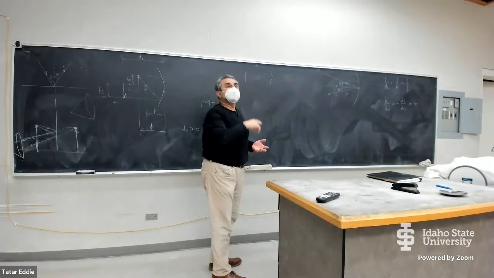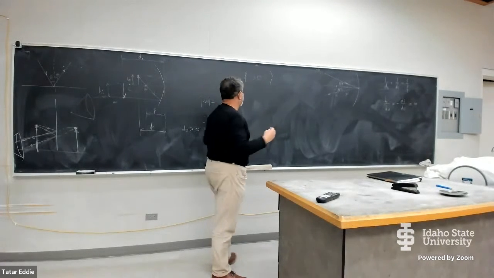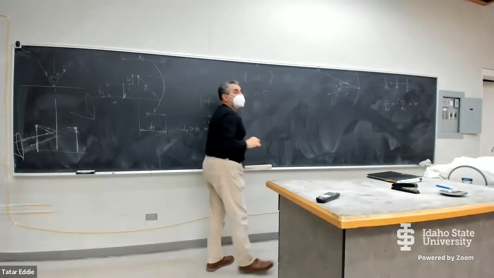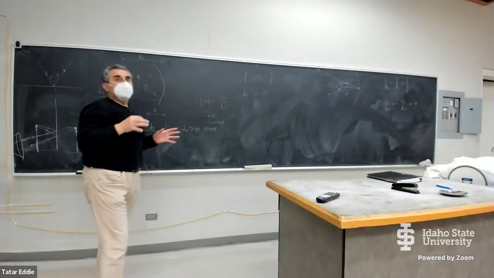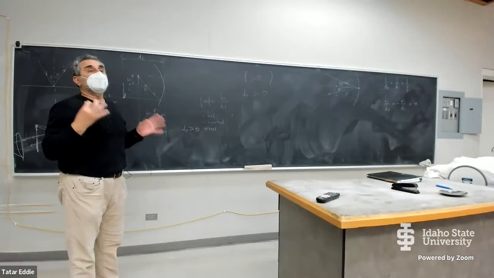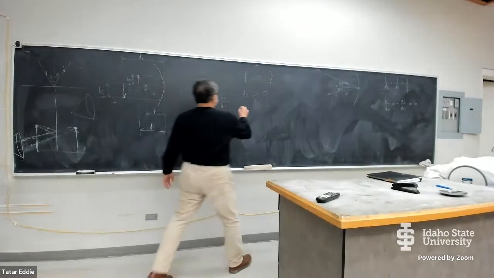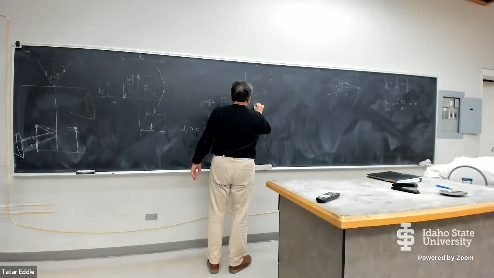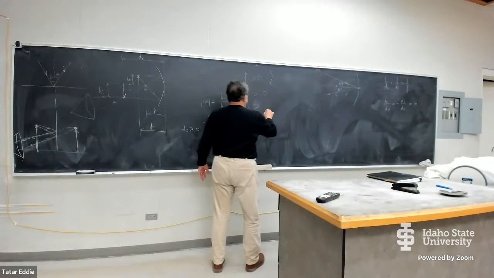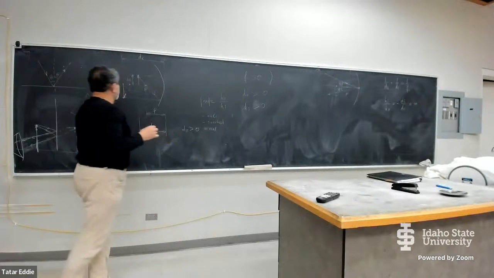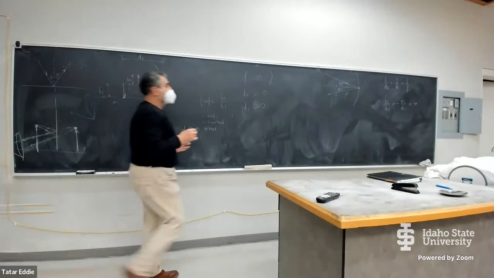Well, for a convex mirror, it is a negative number. DO for you is always going to be positive because you're obligated to place the object to the left of the mirror. di is going to be positive if the image is located in front of the mirror.